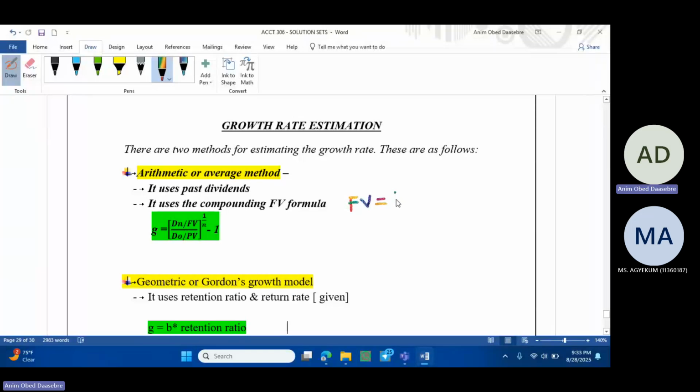So your present value multiplied by your 1 plus i.